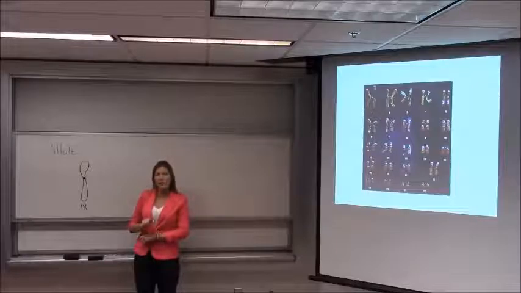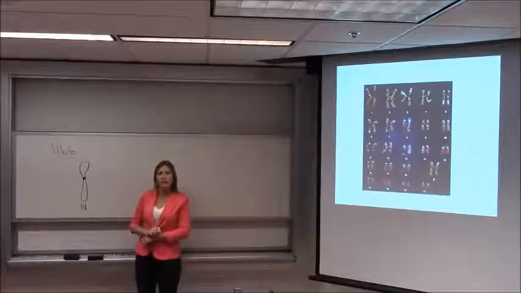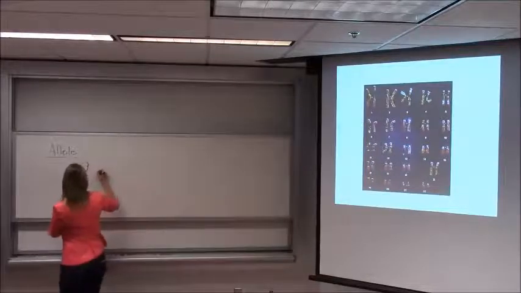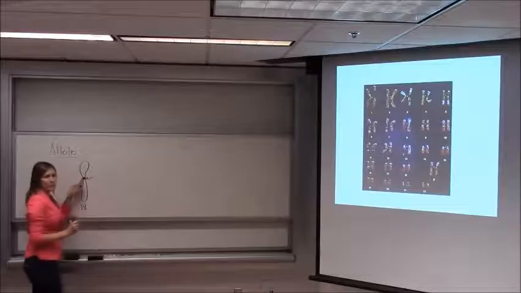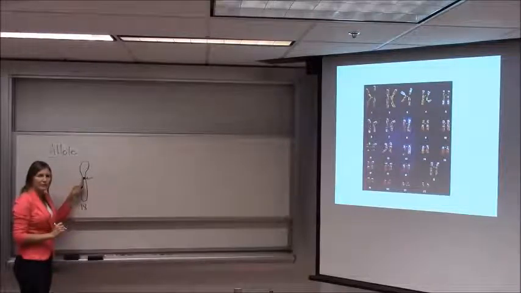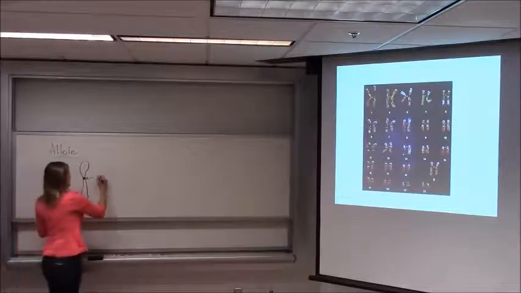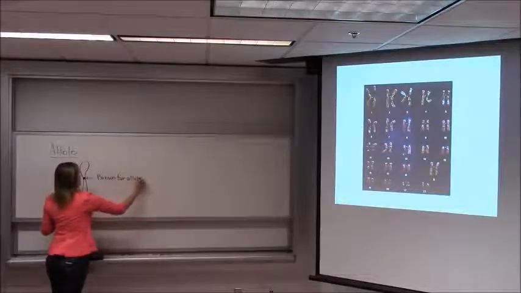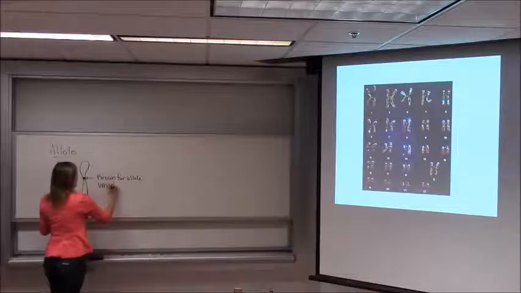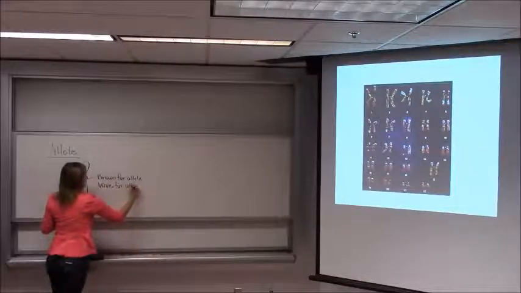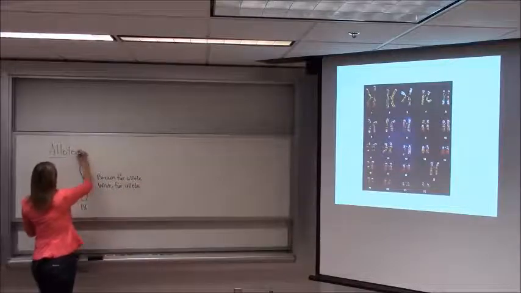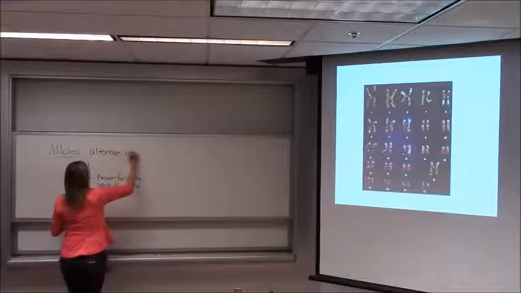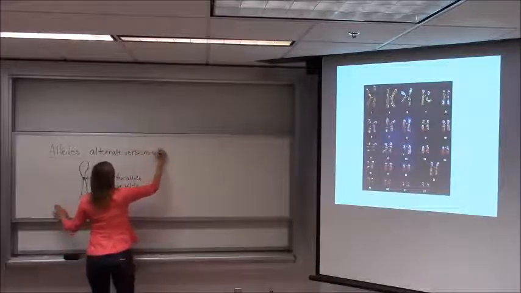And this hamster has 2 possible fur colors, brown and white. In that case, we can have 2 different alleles here, 2 different versions of that same gene. We could have the brown fur allele, or we could have the white fur allele. Those are our 2 possible choices. So alleles are alternate versions of the same gene.